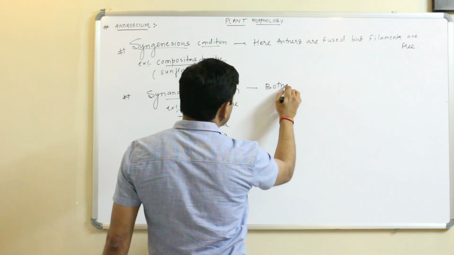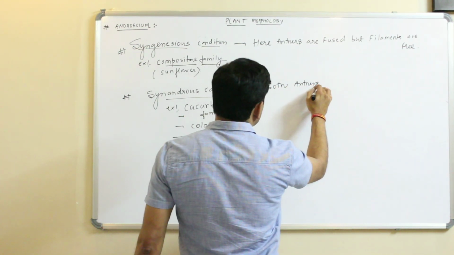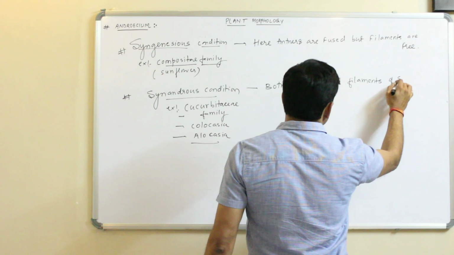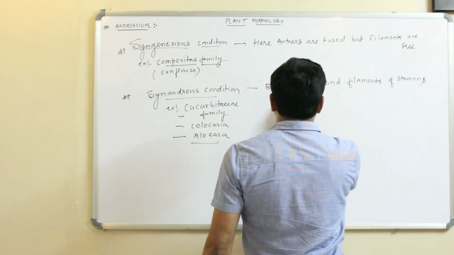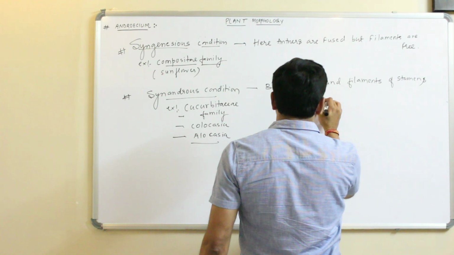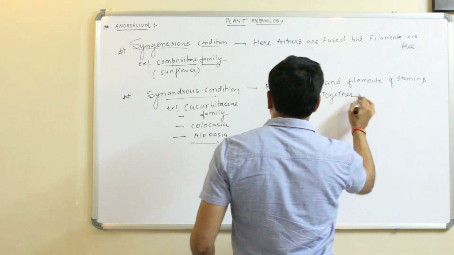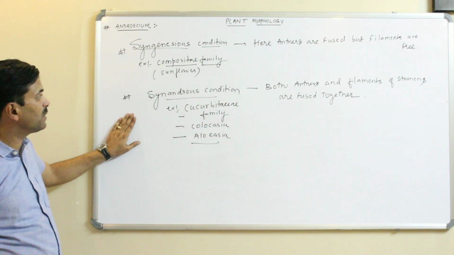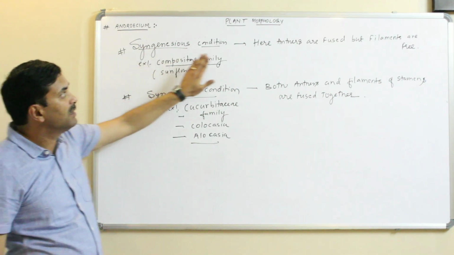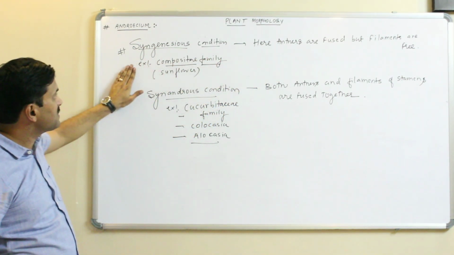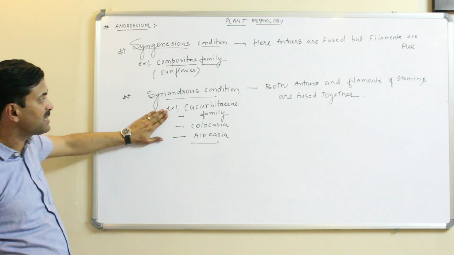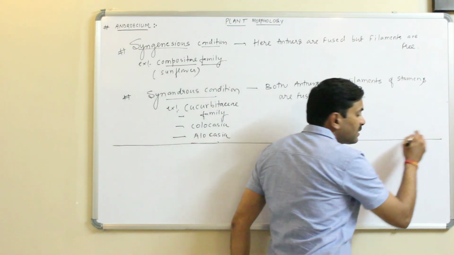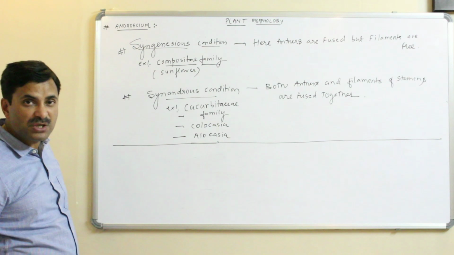Both anthers and filaments of stamens are fused together. And syngenesious: anthers are fused but filaments are free, found in the Compositae family. Synandrous is found in Cucurbitaceae, Alocasia and Colocasia. Are you getting it? So this is one more differentiation of the stamen.